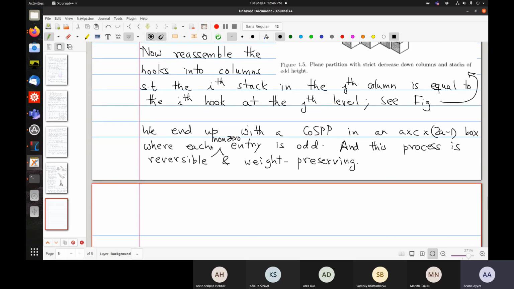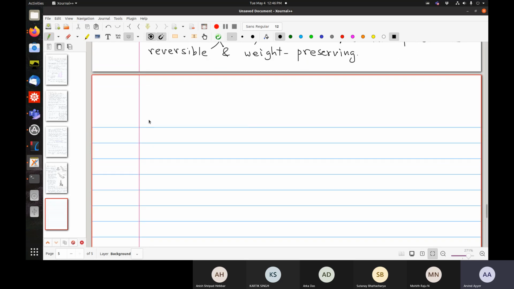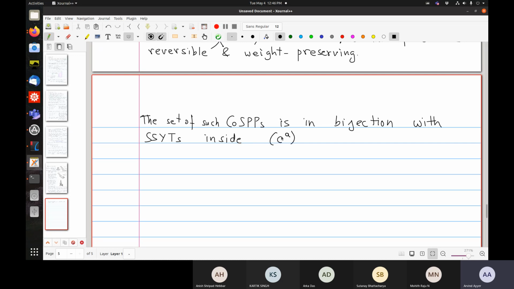But now I claim that the set of such co-SPPs is in bijection, not weight preserving, with SSYTs inside C to the A.